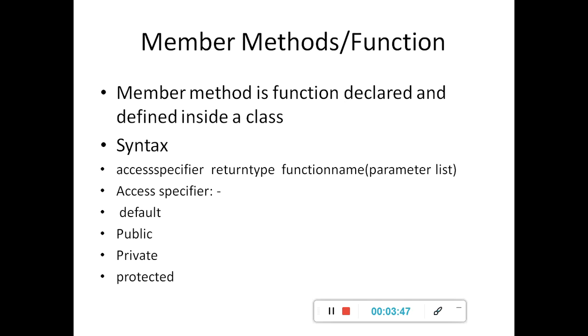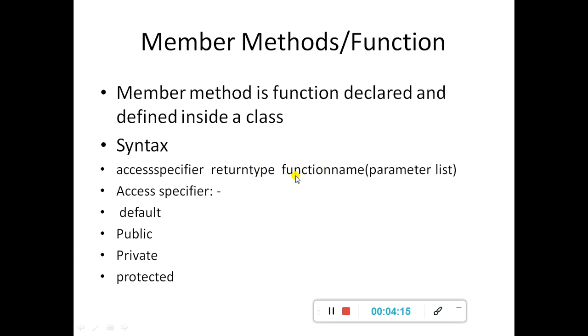Now the member methods. A member method is a function declared and defined inside a class. This is the syntax of a member method or a function. Again the access specifier, that is default, public, private, protected. Then the return type. Every function may or may not return a value. If a function is not returning any value, then the return type is void.